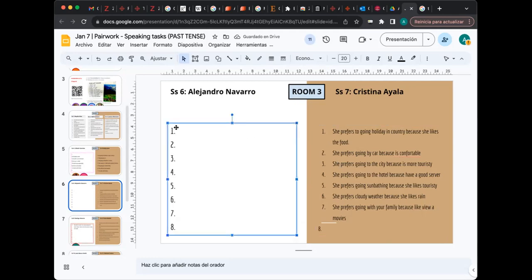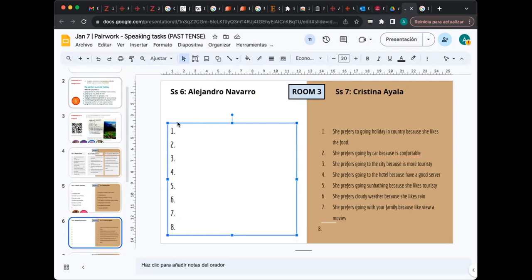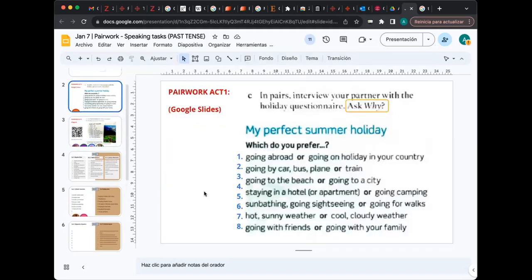Ahora tú me tienes que preguntar. Okay. Ok, thank you. Which do you prefer? Así sería, ¿verdad? Going abroad or going on holiday?